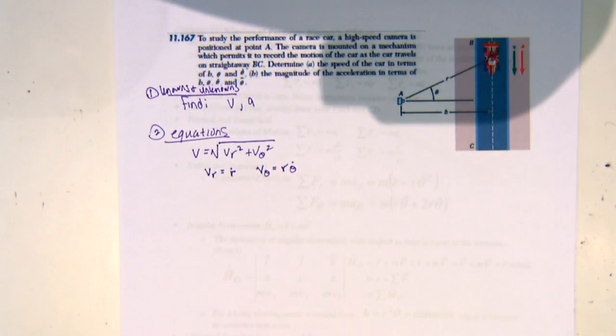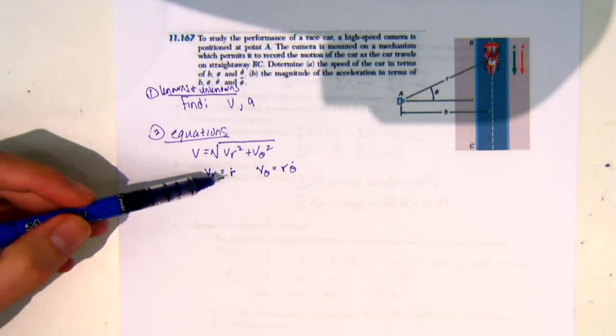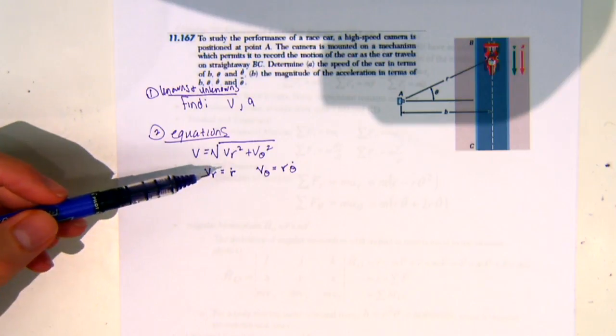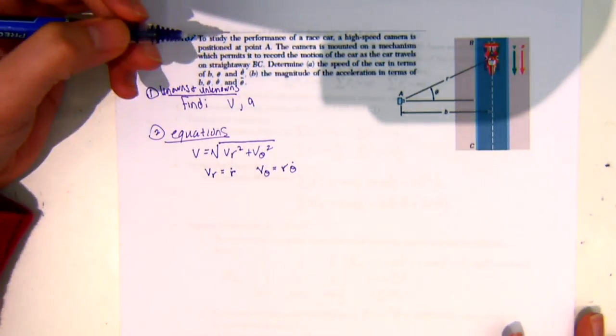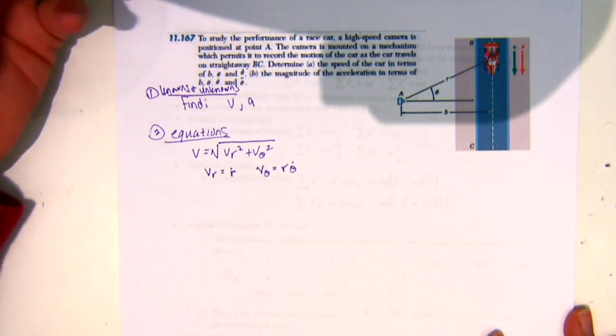For this problem, we're not given any sort of values. What we can do is from the geometry of it, come up with an equation for R. Once we have that, we can find the derivative to find VR, and then plug in the other stuff for V theta. We also have equations for AR and A theta.